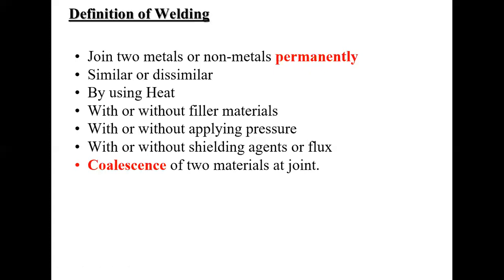Basically, in case of any metals, there is an oxide layer, and for welding, oxygen is the main problem for any type of welding, because it can generate cracks or other defects.